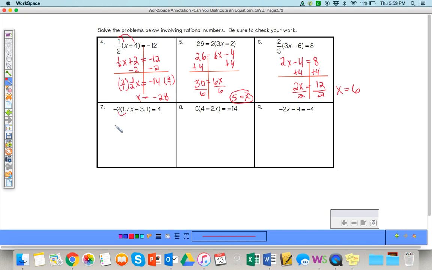-2 times 1.7, so that gives us -3.4x plus, actually, sorry, that changes to minus 6.2, and that equals 4. So if we draw our line through the equal sign, we're going to add 6.2 on both sides.